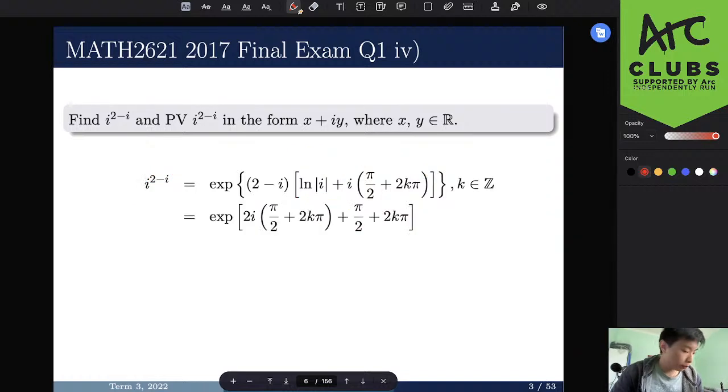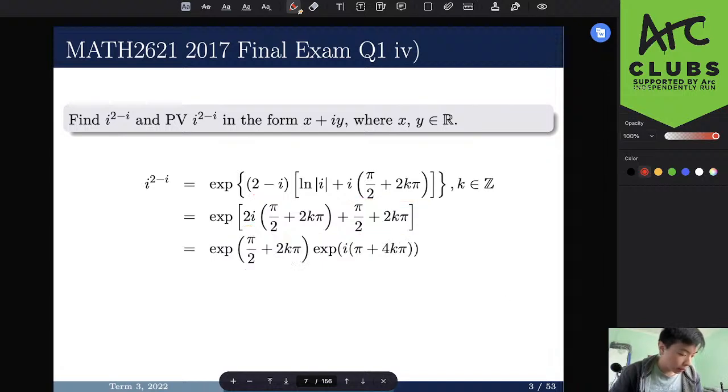And so what we can do is just multiply this complex number by the i times pi on 2 plus 2k pi, and of course what we get is this exponential right here. And then we can just split it up. So first we can multiply this 2 into the pi on 2 and the 2k pi, and then of course we can split up the real part and the imaginary part.